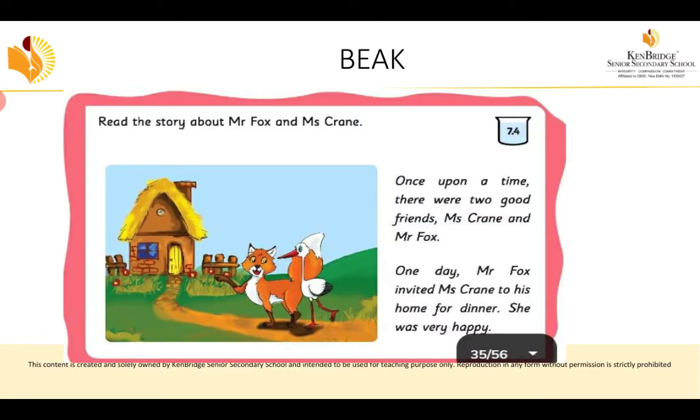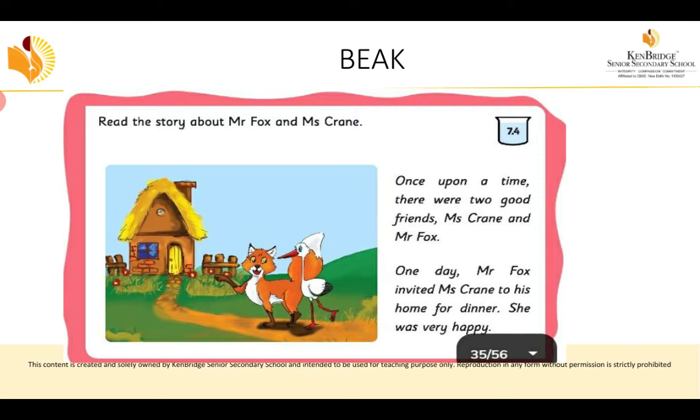Then read the story about Mr. Fox and Miss Crane. Once upon a time, there were 2 good friends, Miss Crane and Mr. Fox. One day, Mr. Fox invited Miss Crane to his home for dinner. So she was very happy. When we are going to dinner, we also feel very happy.